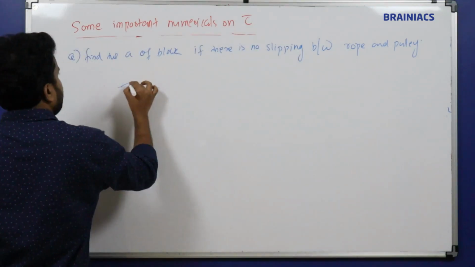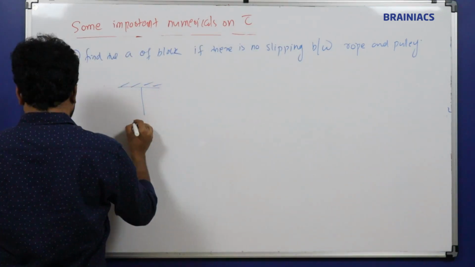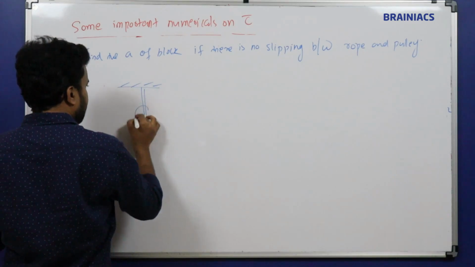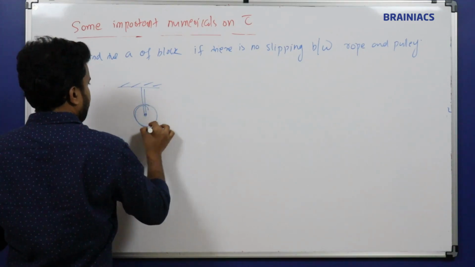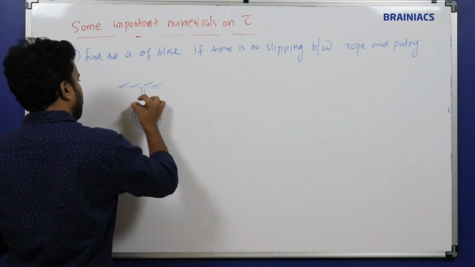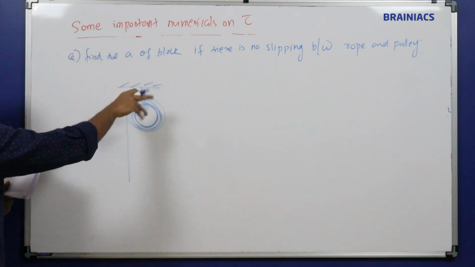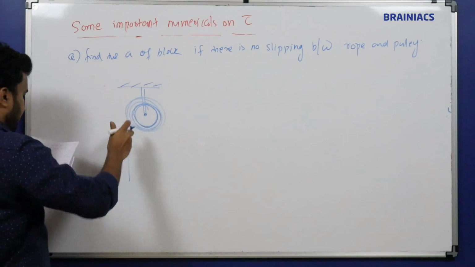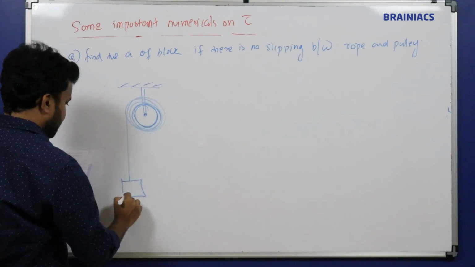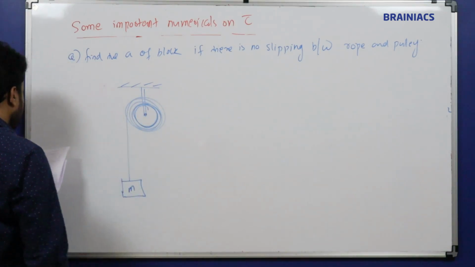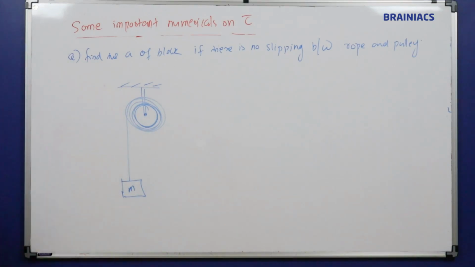Which means a structure which is given like this one, and a hinge, a fixed pulley, then a rope wound around it. This rope rotates this pulley, the pulley rotates, and this mass moves. So what is the acceleration of the mass? This one.